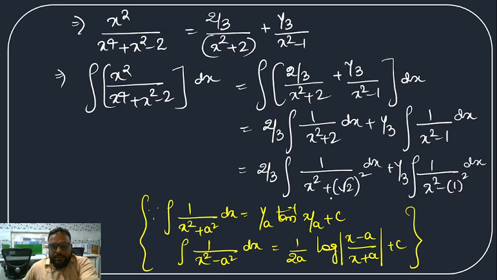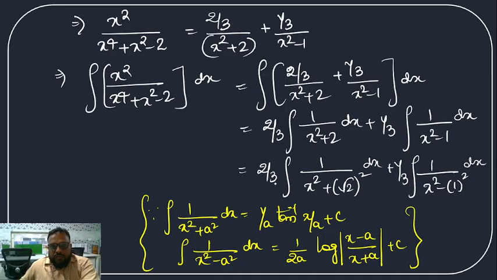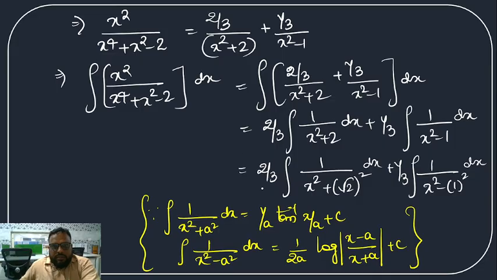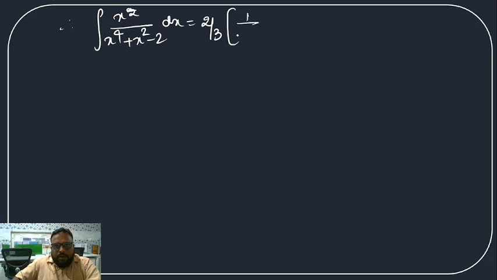So finally, what I'll get here? Integration of x square by x to the power of 4 plus x square minus 2 dx is equal to 2 by 3 into 1 by x square plus root 2 whole square, which I can write as 1 by root 2 tan inverse x by root 2, that is 1 by a tan inverse x by a.